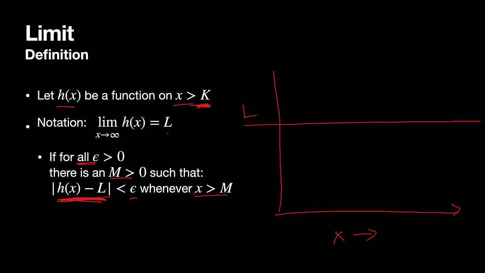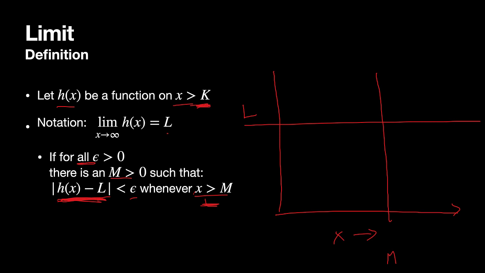I'm going to come back to that in just a second. I'm going to focus on our other important clause here, when x is greater than m. So I'm going to draw some horizontal line that represents m. And we don't really care what happens before this, but we care about what happens after this.